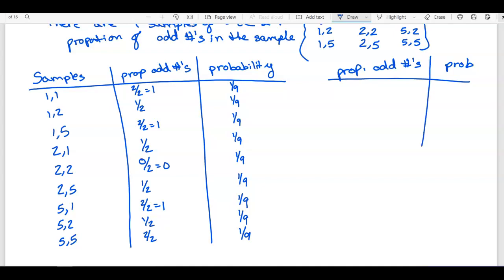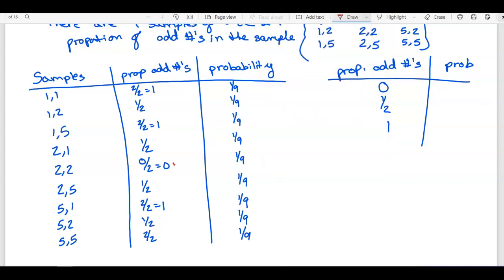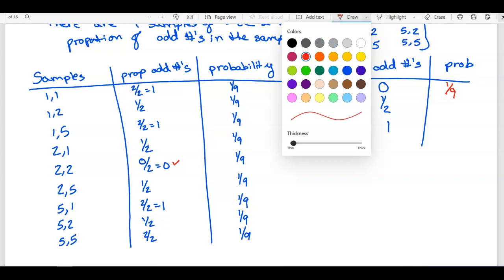So notice some of these reoccurring numbers, 0, 1/2, and 1 were reoccurring here. So if we were to look at all of the zeros, how many times did 0 happen here? Well, 0 only happened one time, so that probability would just be 1/9. Okay, but 1/2 happened quite a few times.